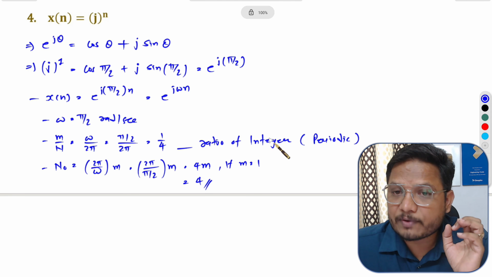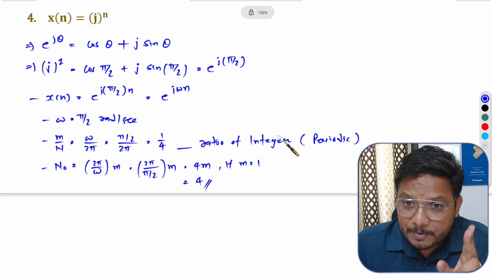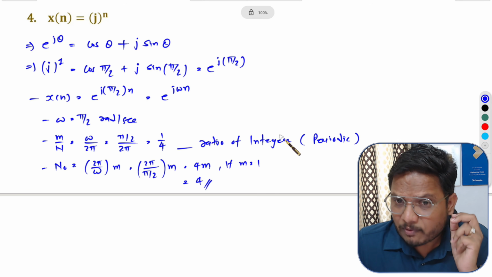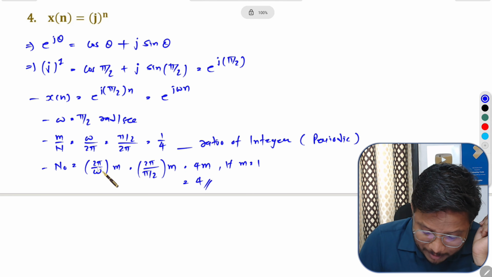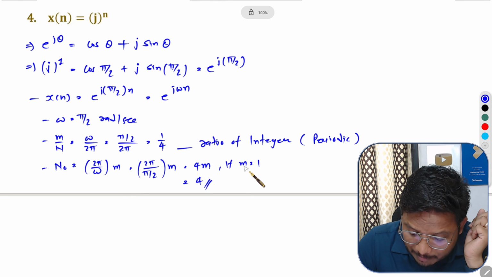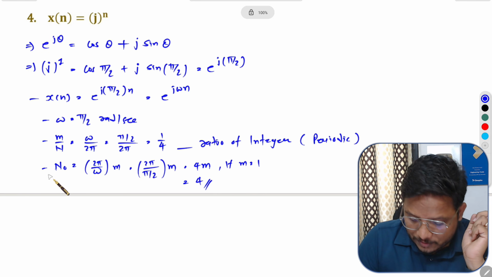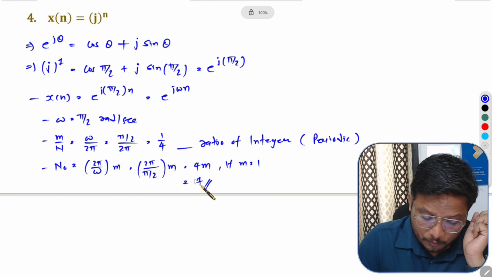If it is a ratio of integers, then one can say the given signal is periodic. If it is periodic, then only you can identify the fundamental period. And that fundamental period will be 2 pi by omega into small m, where small m should be the minimum value to keep N naught an integer. Like you see here, small m is 1, which results in N naught equal to 4.